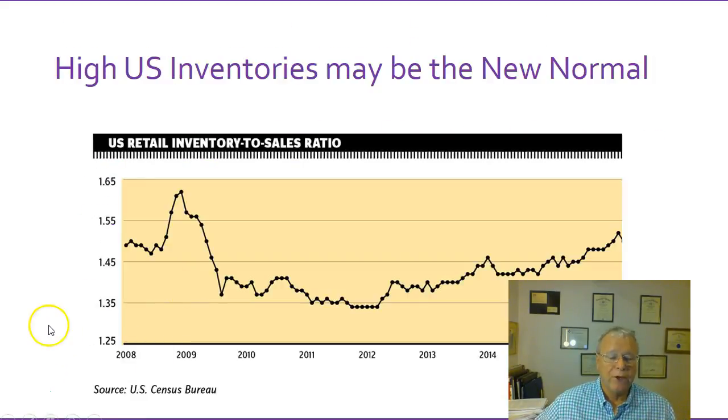So I talked a little bit about U.S. inventories and the fact that inventories have been a drag on GDP all of 2016 and still remain so today. This is a chart of what we call retail inventory to sales. There are also charts that are inventory to sales, not just retail, but this is retail inventory to sales. And you can see this is, of course, the recession in here where demand dropped off, inventories went way up, and then, of course, you brought them down.